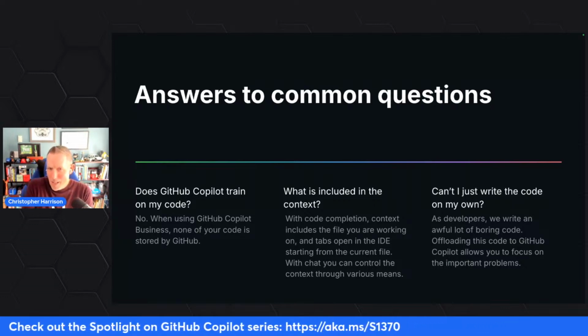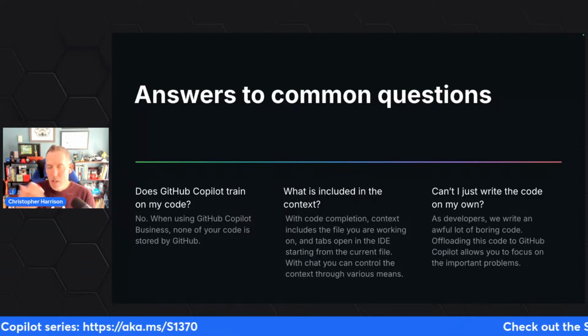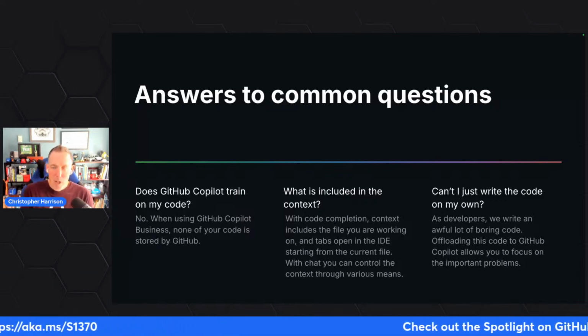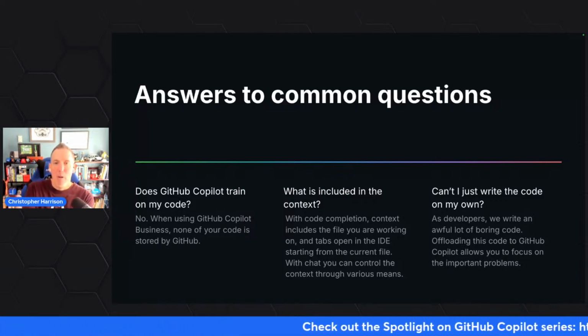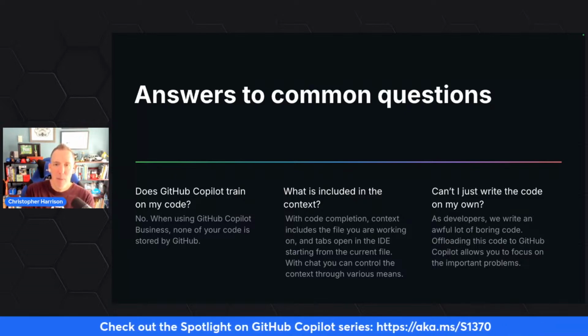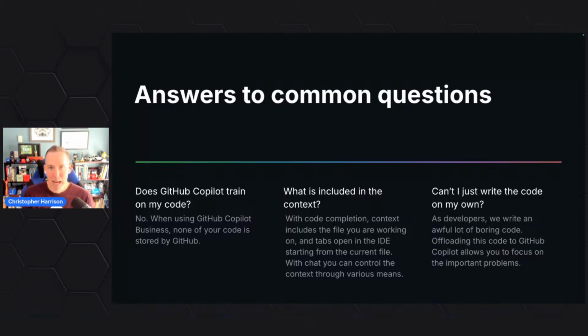Well, what is this context that you just mentioned? As you're working with Copilot, whether with code completion or with chat, some information about your code is going to be sent up. It's going to use that to generate the response and then send that response back down. What is that context? It's going to vary a little bit.